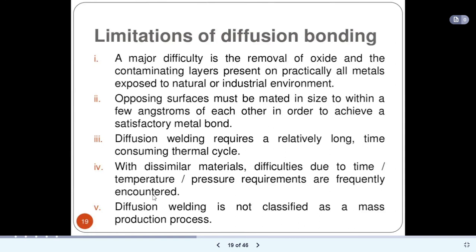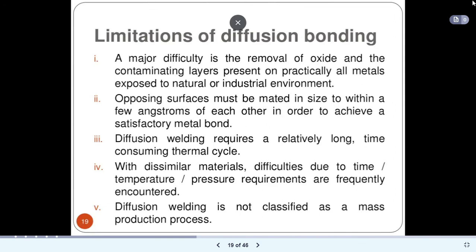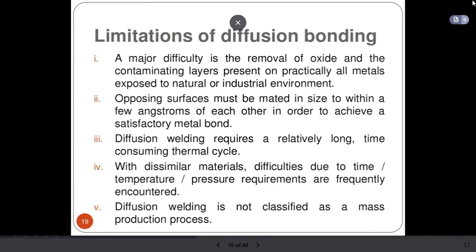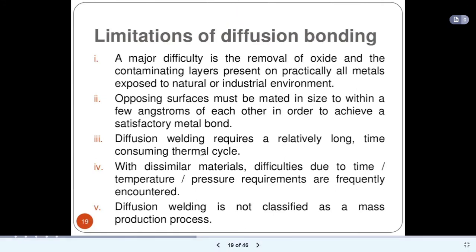Means this process is generally used for dissimilar metals and ceramics, but the time required to join this weld is more because more factors, that is temperature and pressure, will affect the thermal cycle. All these factors will affect the weld joint or quality of the weld. That's why the time required for this process is high.